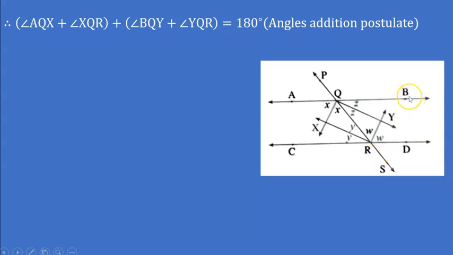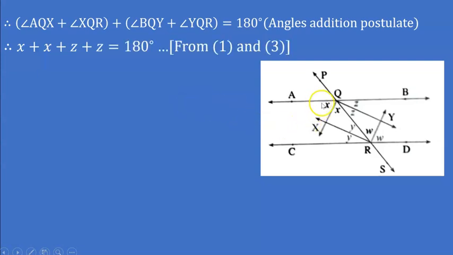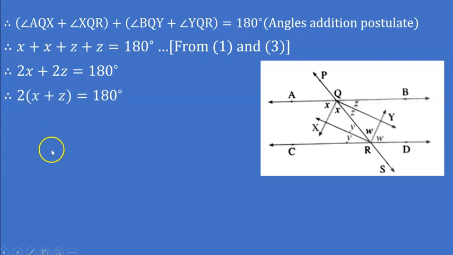That is the measure of angle BQY plus measure of angle YQR, and this equals 180. Now substitute the values. Here x plus x, and here z plus z, is equal to 180. That is 2x plus 2z is equal to 180. Take 2 as common, then in bracket you will get x plus z.